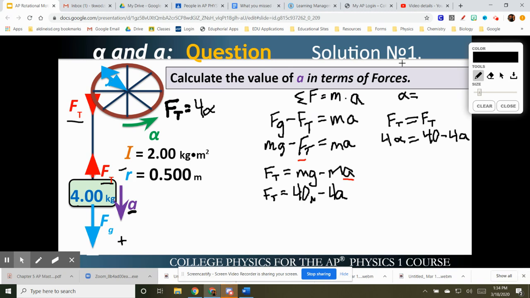Jayla, which one's alpha? You're going to have to type out alpha.